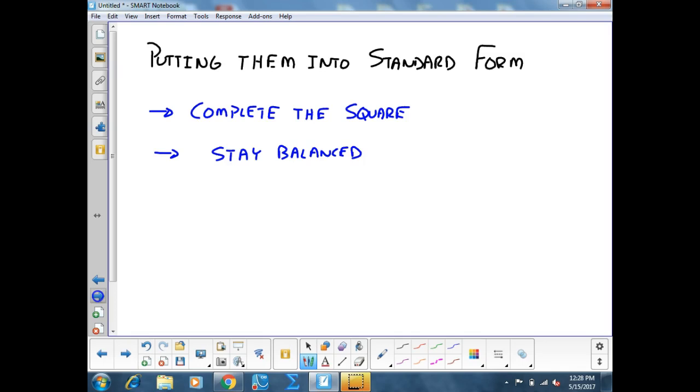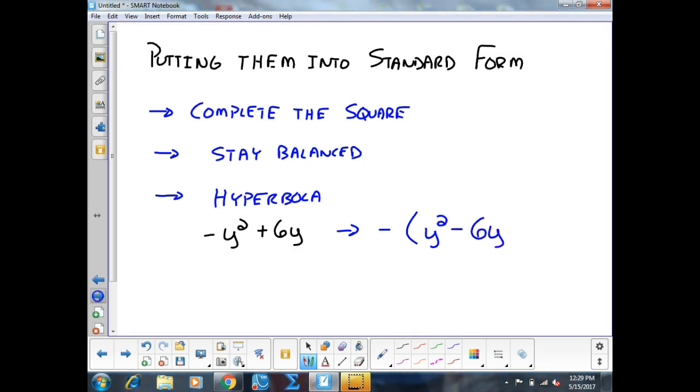The other thing that people struggled with, and are still struggling with, as evident by the quiz that I just corrected, is in a hyperbola case, and only in the hyperbola case, you're factoring out. So if it was, for instance, minus y squared plus 6y, when you go to set that up, that becomes minus, and then a set of parentheses, y squared minus 6y.